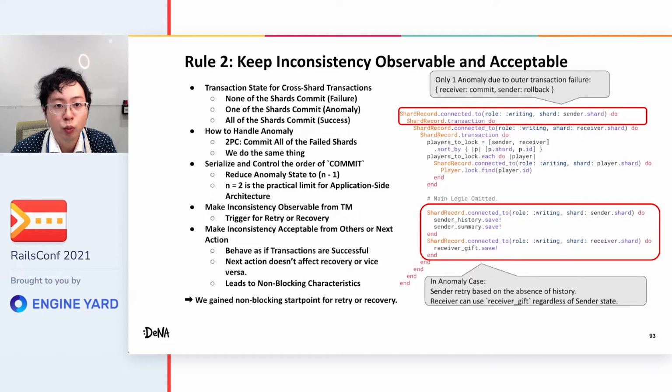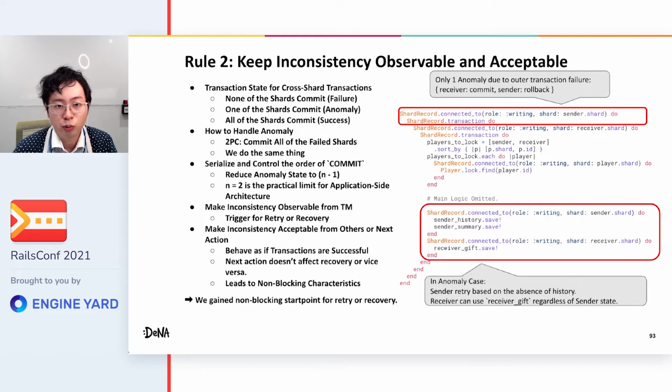After that, we make inconsistency acceptable from others or from the next action. We let the inconsistency behave as if the transactions are all successful. Also, the next action should not affect recovery or vice versa. This practice leads to non-blocking characteristics.